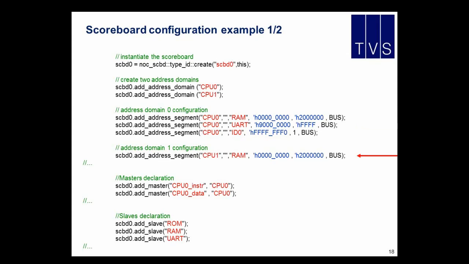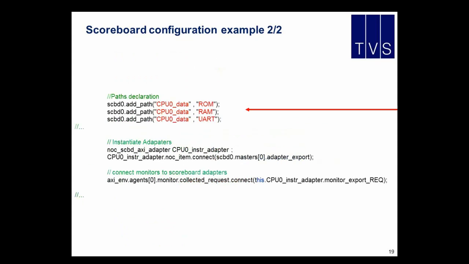For the other address domains, you define some other addresses. You then declare your CPU, your masters, you declare your slaves, and then you say, okay, this master can talk to this slave, and I connect the different adapters to the actual monitors.